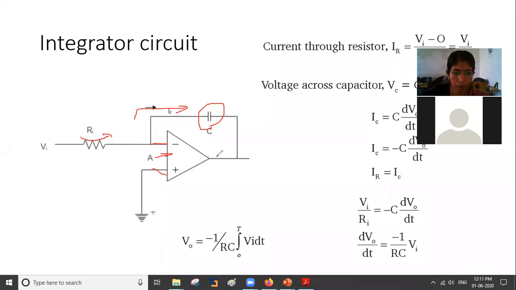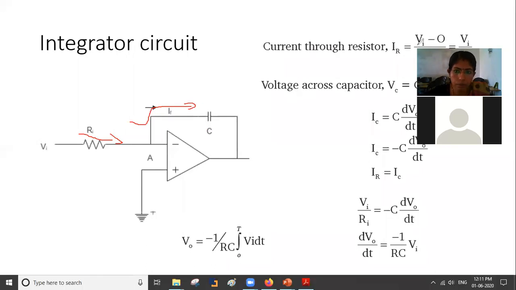So an amplified output is coming through this, and it goes through our capacitor. The capacitor gets charged, and the feedback network provides again an input to our amplifier circuit. But we know that the op-amp has high input resistance, so most of the current will flow through the capacitor itself. So the current flowing through this resistor is almost equal to the current flowing through this capacitor.